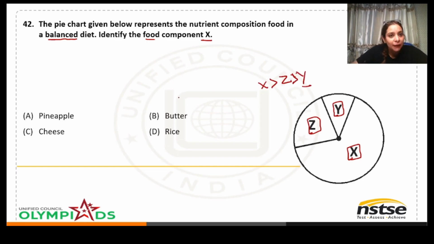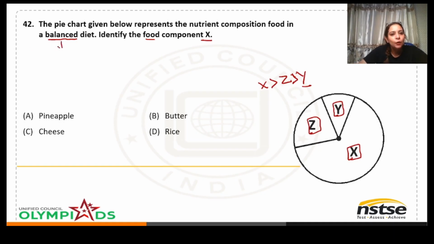So we need to pick which food, like we are talking about pineapple, butter, cheese or rice. And it is also said the component which is maximum is used in a balanced diet.